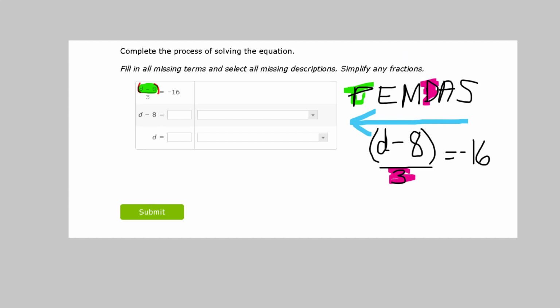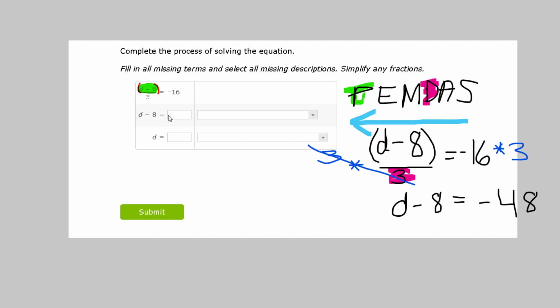So we're going to multiply both sides by 3, just like the other questions. We're going to multiply this side by 3, which is going to cancel out with this, right, because this is in the numerator, this is in the denominator. We're going to do the same thing to the right side. So this will give us negative 16 times 3, which is negative 48, is equal to d minus 8.